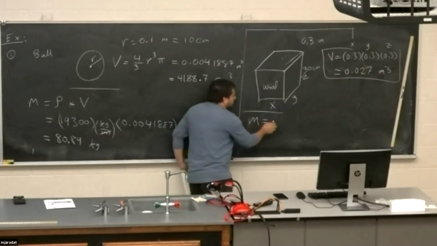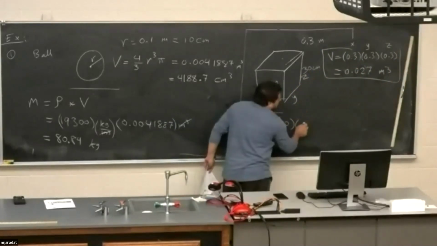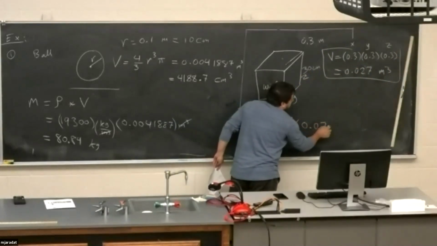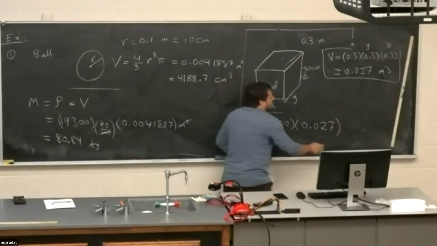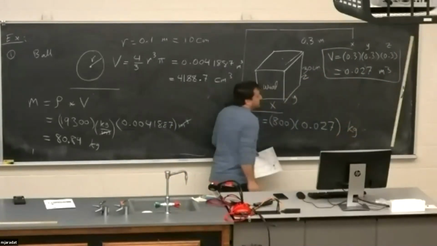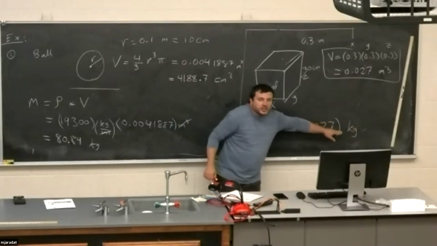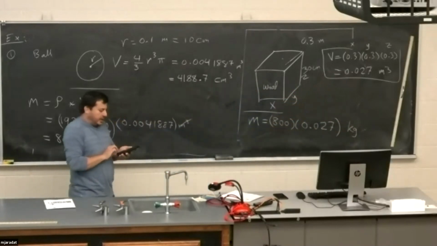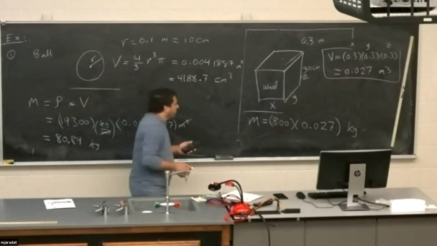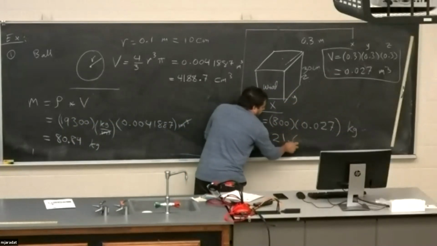It is 800 multiplied by that volume, 0.027, will be in kilograms, because we have kilogram per meter cubed, we have meter cubed there to cancel, and this will give us 800 multiplied by 0.027. It will be 21.6 kilograms.